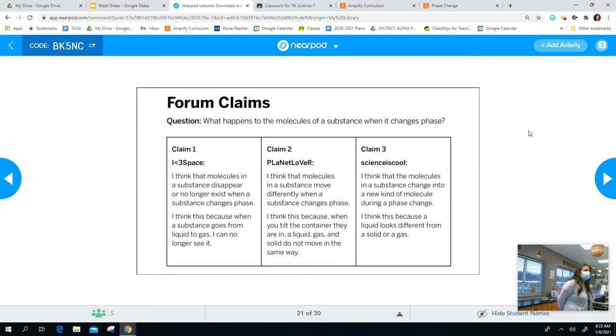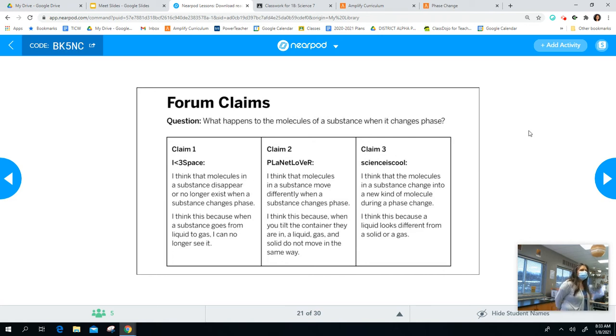Claim 2 by Planet Lover says, I think molecules in a substance move differently when a substance changes phase. I think this because when you tilt the container they are in, a liquid, gas, and solid do not move in the same way. And we kind of saw that. Claim 3's name is Science is Cool.